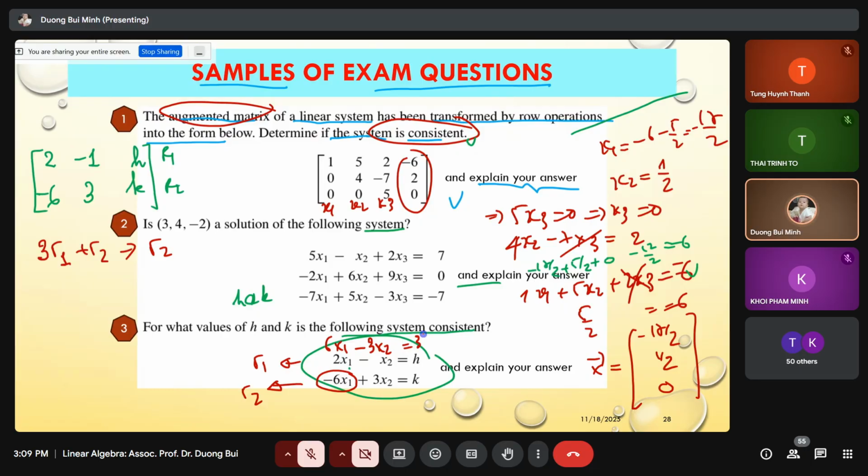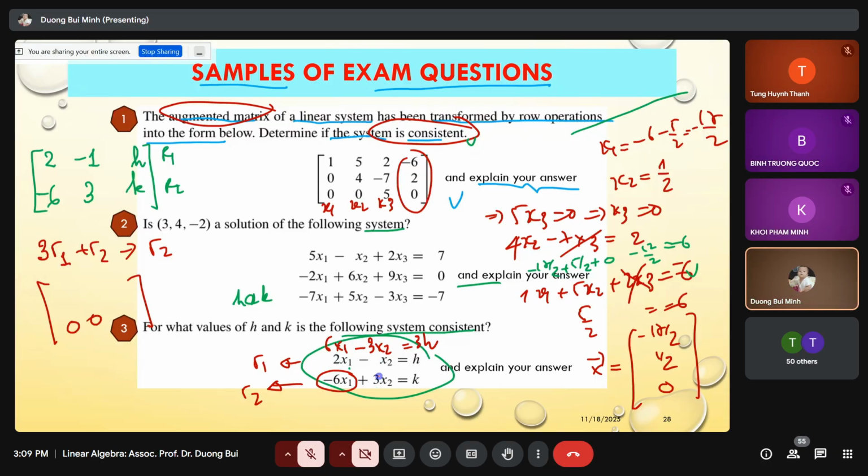And 3x. This one stays, this one we ignore, but this one disappears, so we get 0, 0 and then 3x minus k, right?